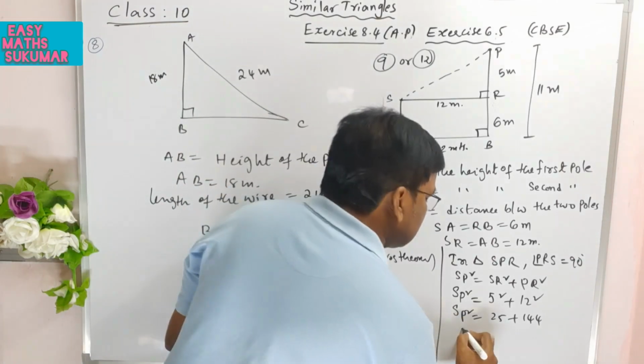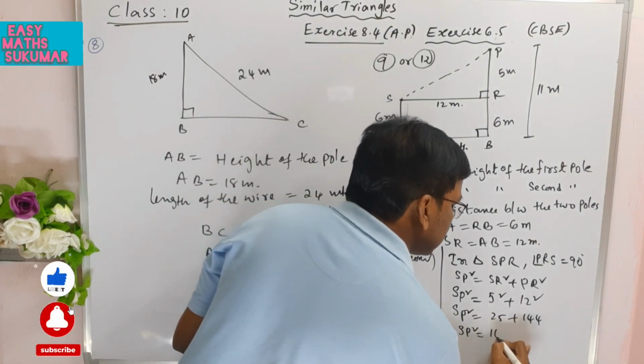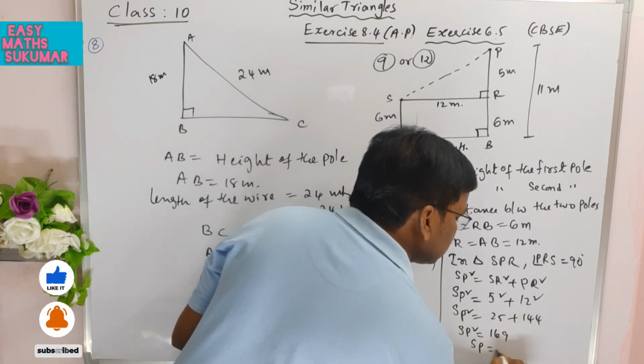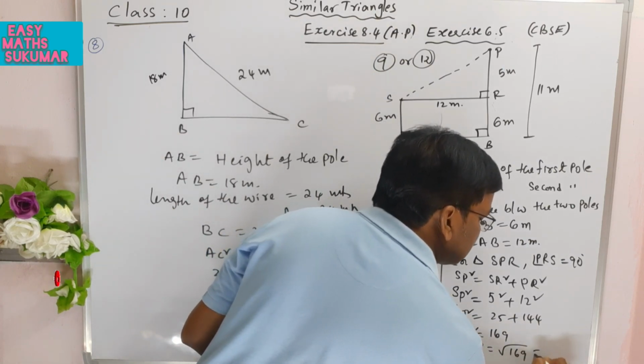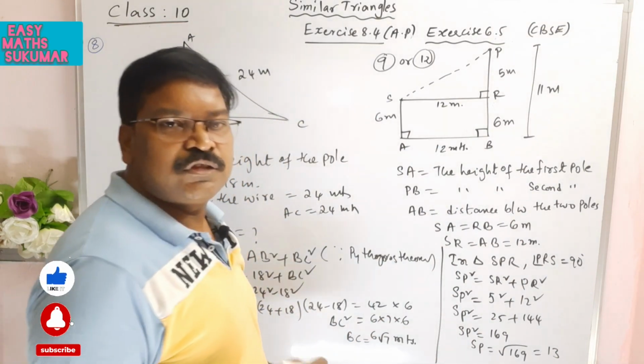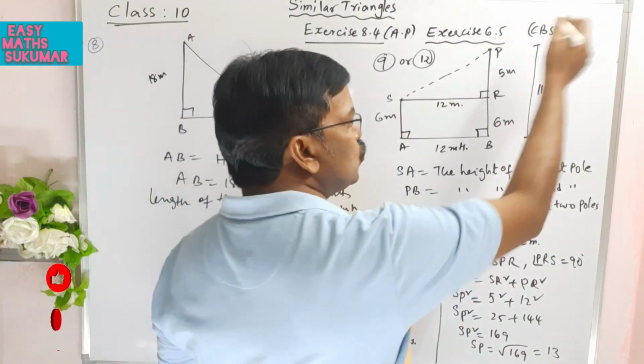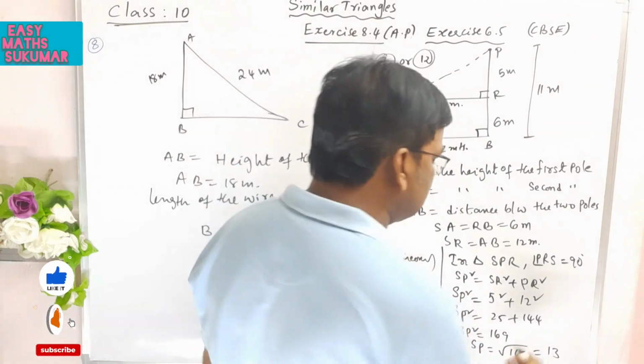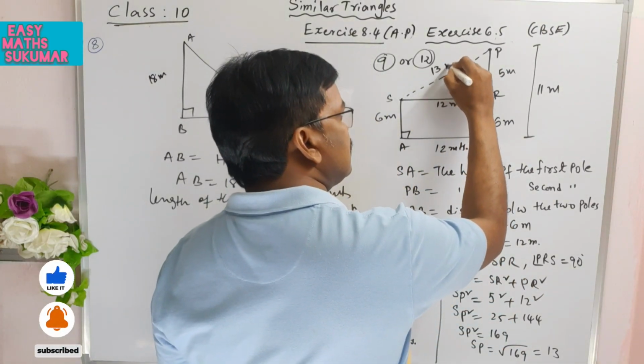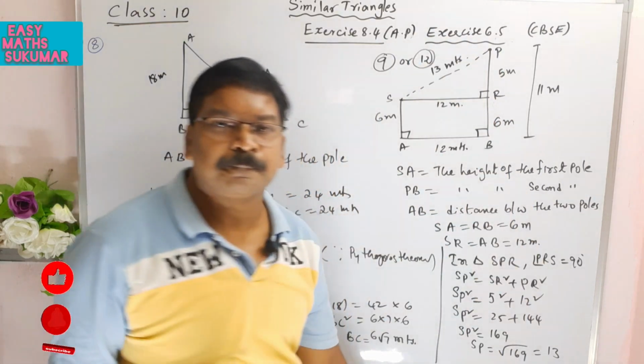Okay, so SP square is equal to 169. SP is equal to the square root of 169, that is 13. Therefore, can you see here, the distance between the two tops of the poles is 13 meters. This SP is 13 meters.